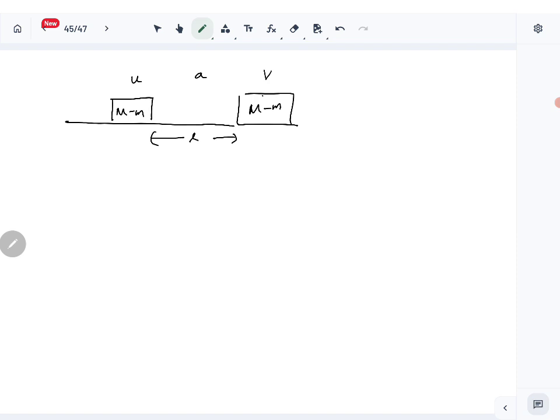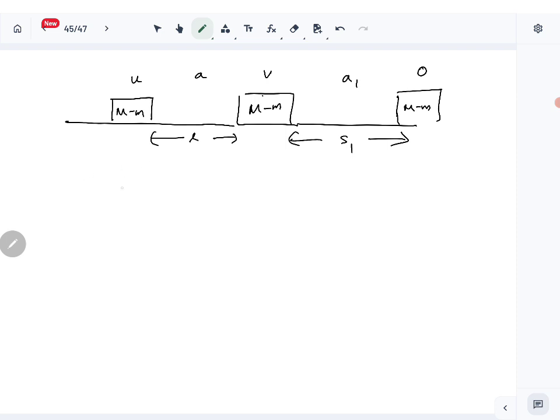So we need to find the final speed here. After that, what happens? Engine stops, no? So then it goes with a different deceleration a1 that we need to find and comes to stop. We know L, and the distance S1 we need to find.